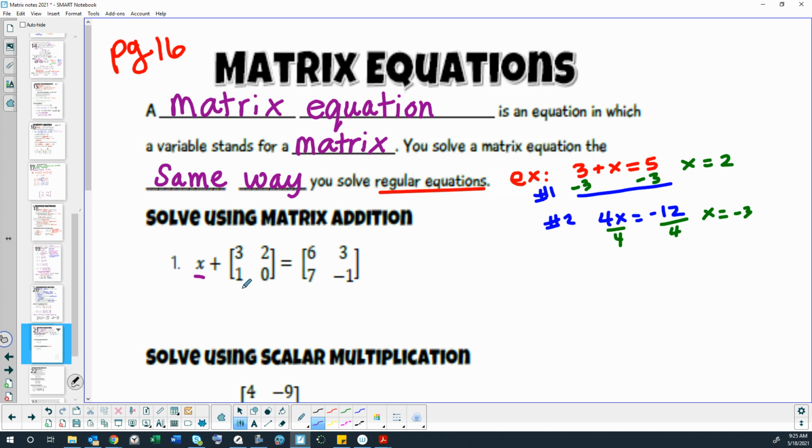To do that, this is adding a matrix. What's the opposite of adding a matrix? Subtracting it. So we would literally be subtracting the entire matrix from both sides, which would cause it to cancel out here. And our answer will come from subtracting it here.